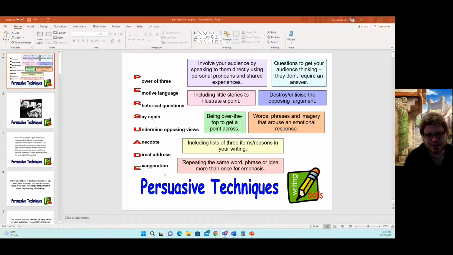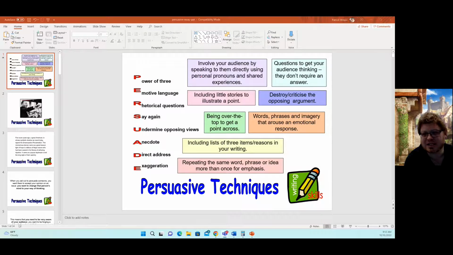So a little poem here, taking the letters of persuade and making a little poem, but it's basically telling you what you can do throughout. These are persuasive techniques that you can use.